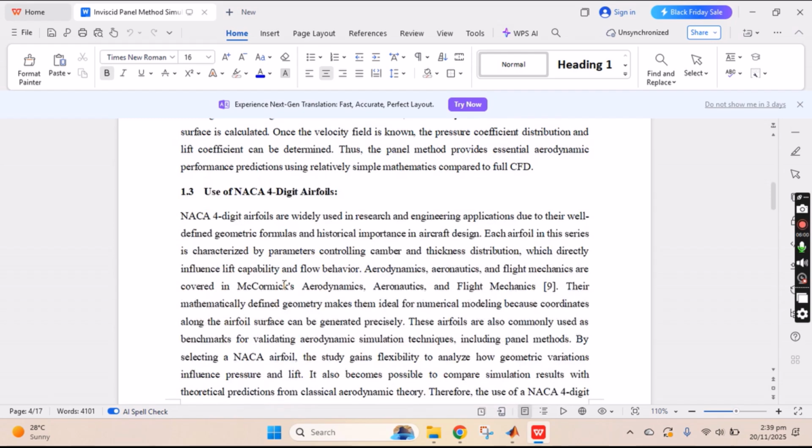Next, the use of NACA 4-digit airfoils: I have explained how they are used in research, in geometric formulas, and their importance in aircraft design, turbine blade design, flight mechanics, and aeronautics engineering. They are ideal for numerical modeling because the coordinates along the airfoil surface can be generated precisely.